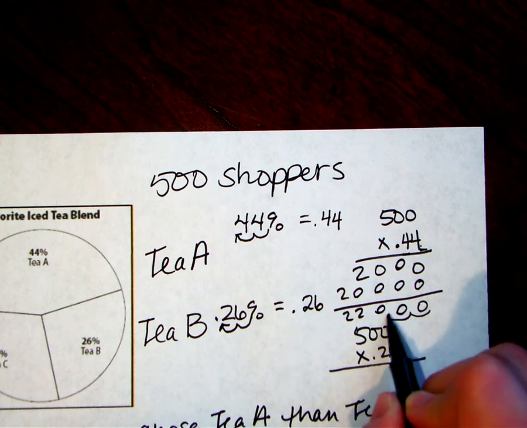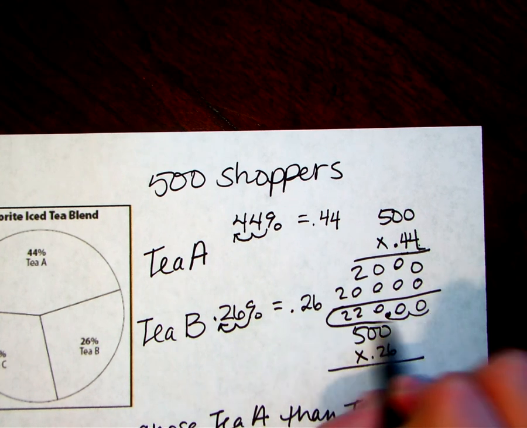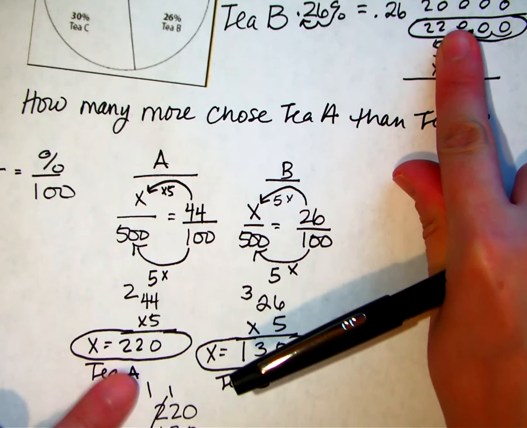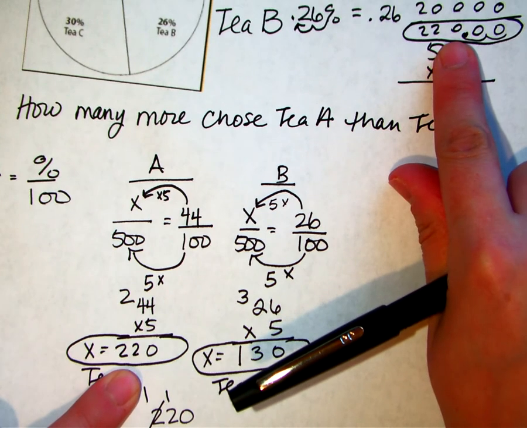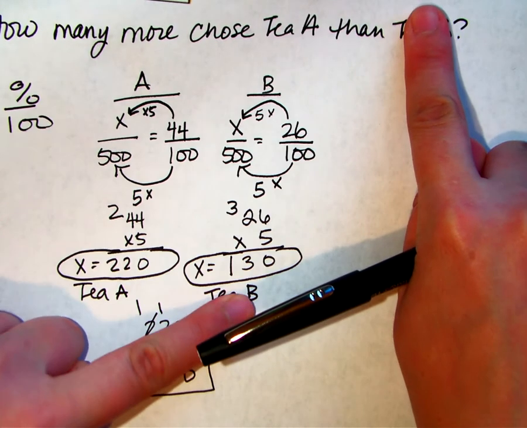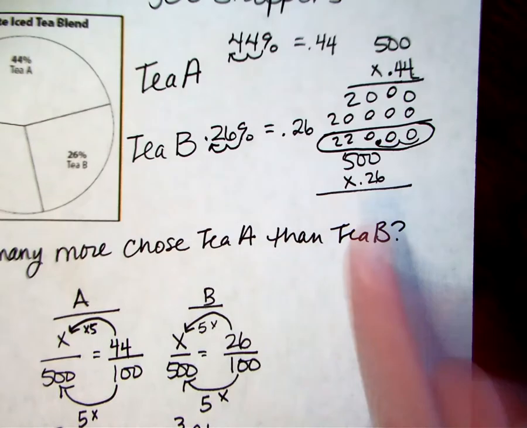So the decimal gets bumped over 2 times. And this should be the exact same answer that we got down here, which it is. Even though there's a 0.00, it's the same number. Okay, so that means we should get 130 as our answer when we multiply this out.